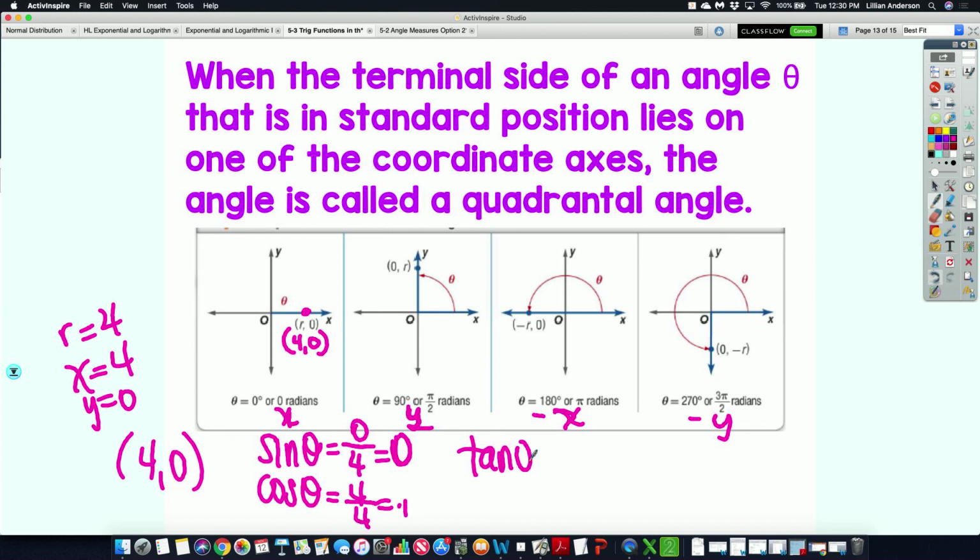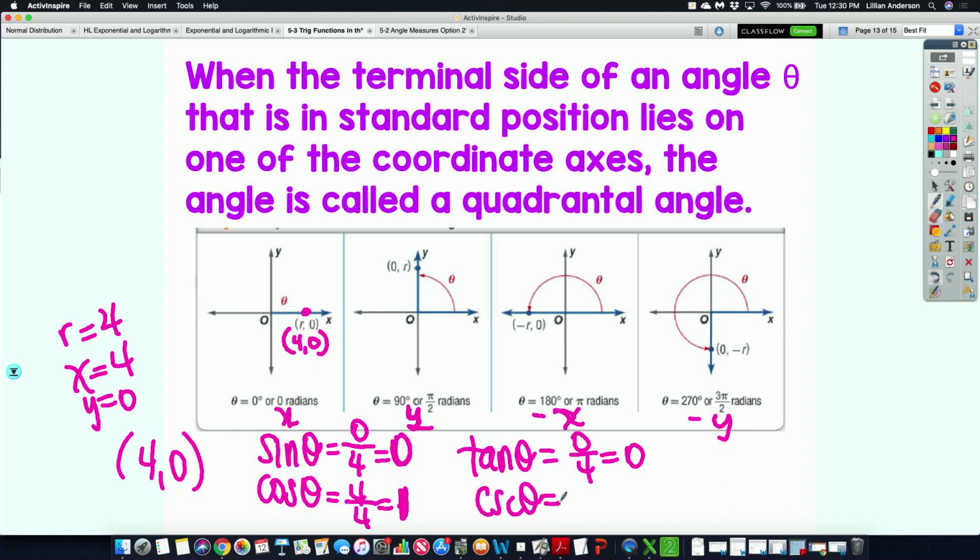Tangent is what over what? So y over x was 0 over 4. 0. So all my answers are either going to be 1 or 0, and because it's in the first quadrant, all of them are going to be positive. Cosecant is the reciprocal of sine. When I flip sine, that's going to give me 4 over 0.